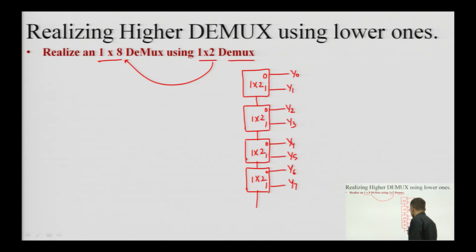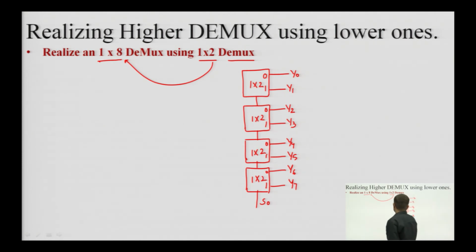This is the select line S0, this is the LSB. We have to remember that in case of a multiplexer, on the extreme right side we had the most significant select line, but in case of a demultiplexer we will have the least significant select line on the extreme right.